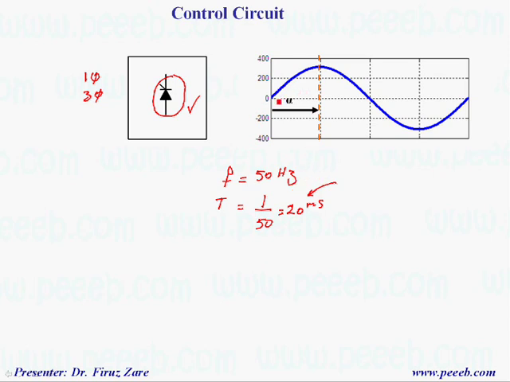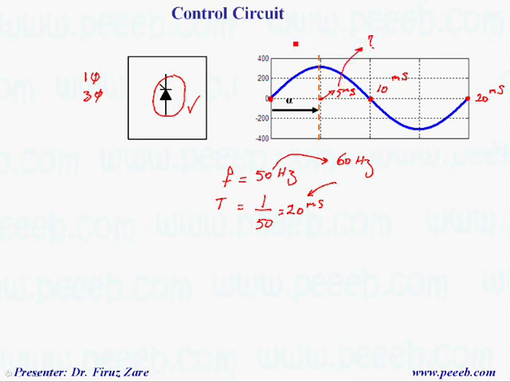Starting from zero crossing, this time will be 20 milliseconds, and the first half cycle is 10 milliseconds, or a quarter of that one is 5 milliseconds. Because in different applications we may have 50 Hz or 60 Hz, that's why we may have different switching times.